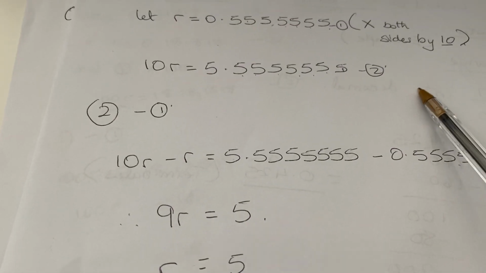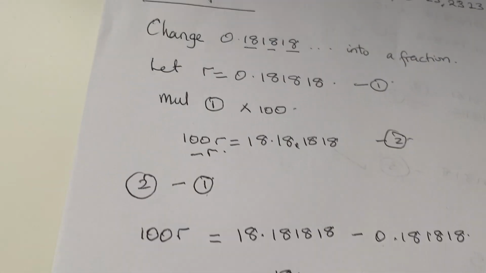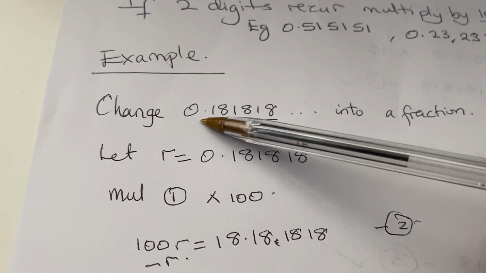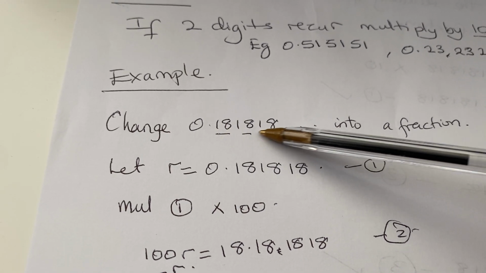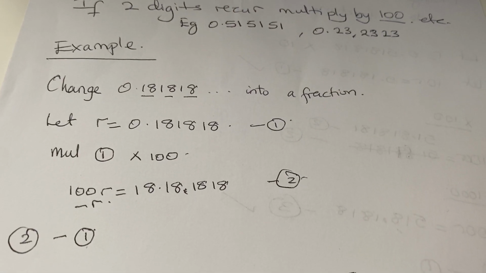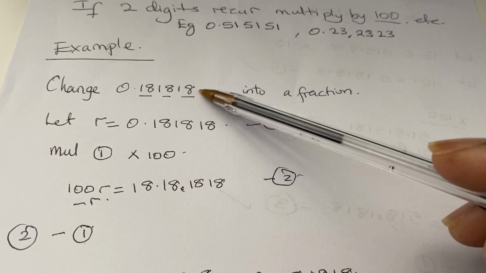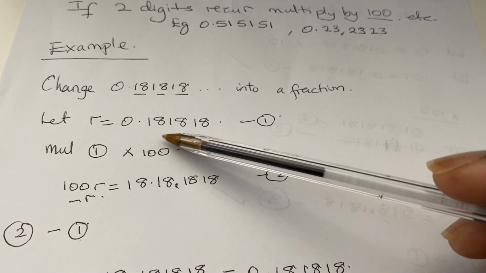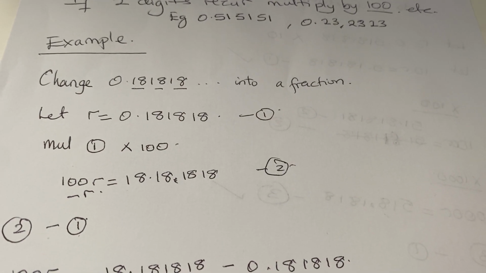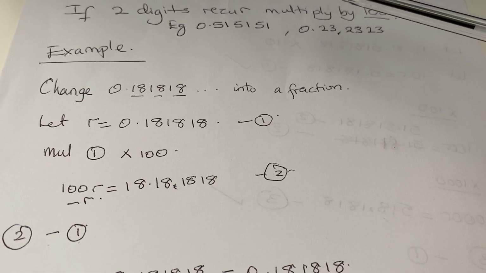Okay, so I'll show you what I mean by that again. So we are going to look at another example. So now change 0.181818 into a fraction. So assuming it was 0.1111, we'll just multiply by 10 and subtract. Now, what can we do?